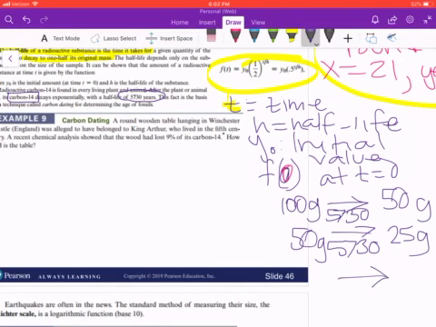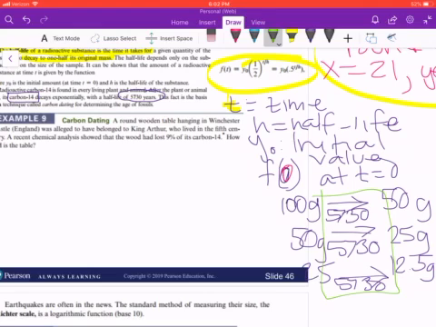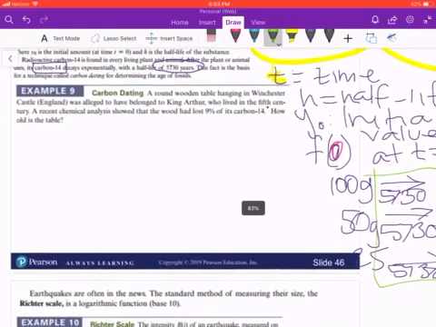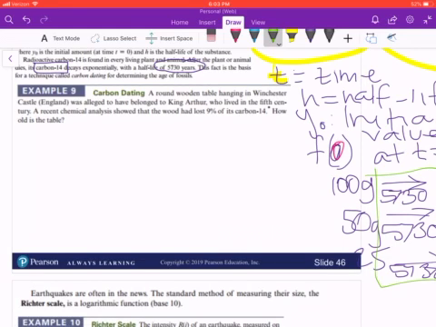And after another 5,730 years, those 25 grams will decay to 12.5 grams. And so here, if we add the years that we have here, we have more than 17,000. So you could see why things that are very old, their age could be determined or approximated.